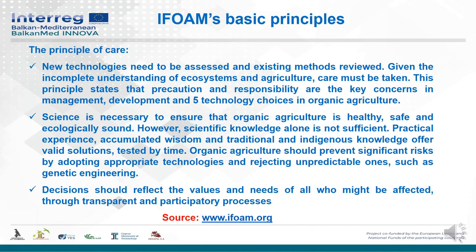Organic agriculture should prevent significant risks by adopting appropriate technologies and rejecting unpredictable ones, such as genetic engineering. Decisions should reflect the values and needs of all who might be affected through transparent and participatory processes.